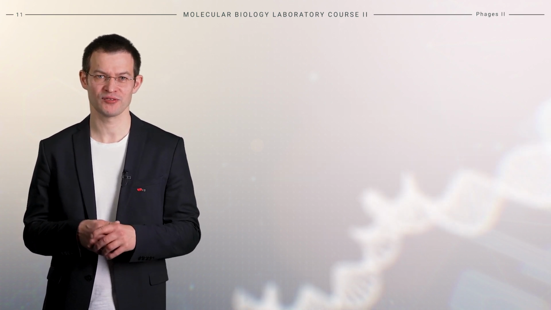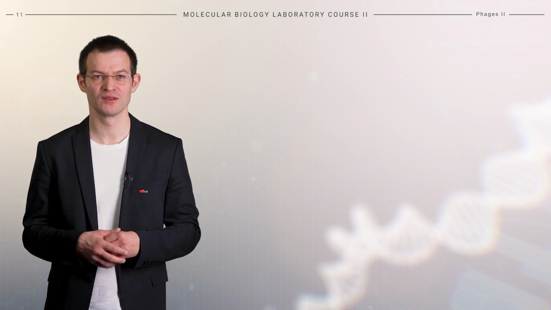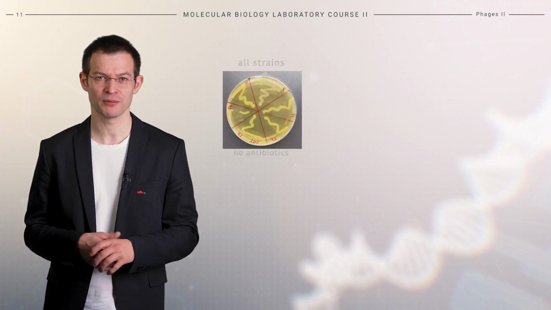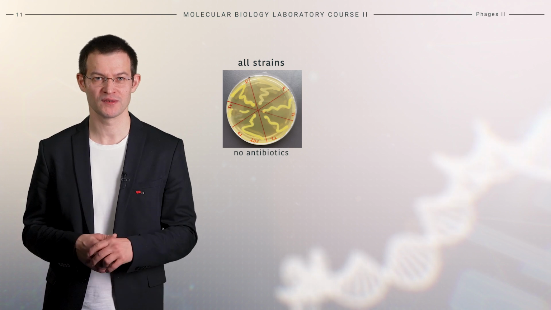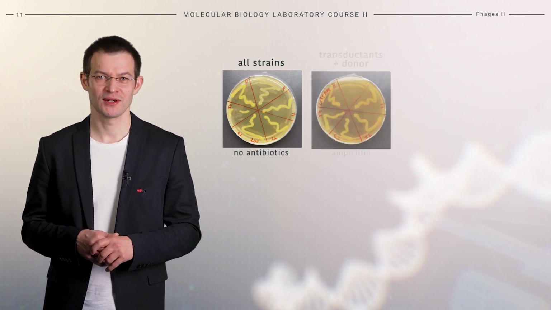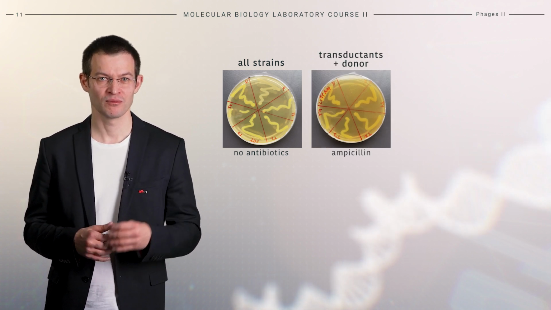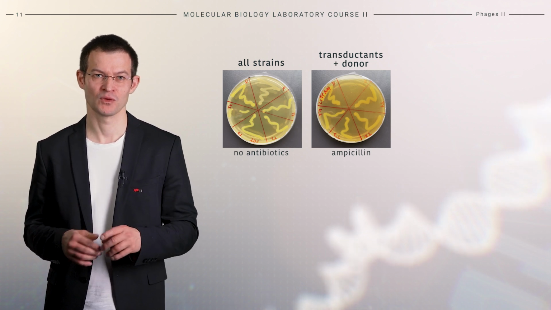To verify the successful transduction, we can test the growth of our bacterial strains under different antibiotic conditions. On plates without antibiotics, all strains, transductants, donor, and recipient strains are expected to grow. On plates containing only ampicillin, all strains except the recipient strain will grow, because it is the only strain that lacks ampicillin resistance.